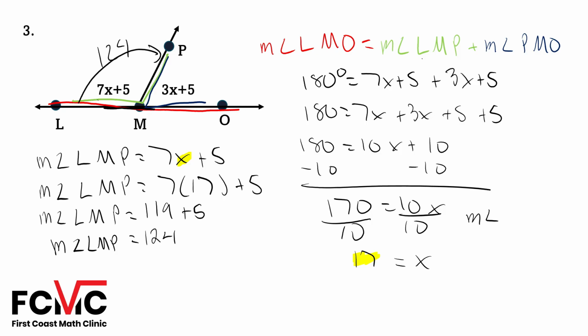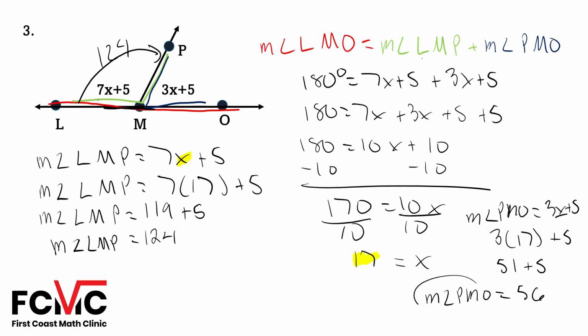And let's find the measure of angle PMO, which is equal to 3x plus 5. So I'm going to put 17 in for x. So we'll do 3 times 17 plus 5. 3 times 17 is 51 plus 5. We'll get 56. So that's going to be our measure for angle PMO. So that is this measure here. Both of these should be degree measures because they're angles.